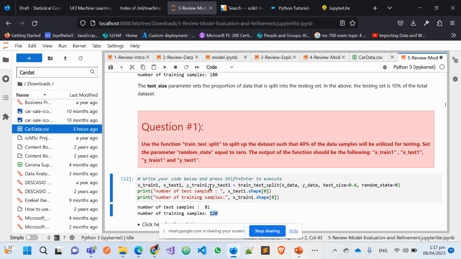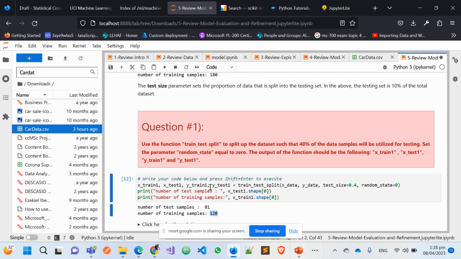Remember, I did mention the objective of the Module 5 lab. You are also trying to check underfitting and overfitting. How do you identify them? Overfitting is when the training data is more than the test data in terms of variability.